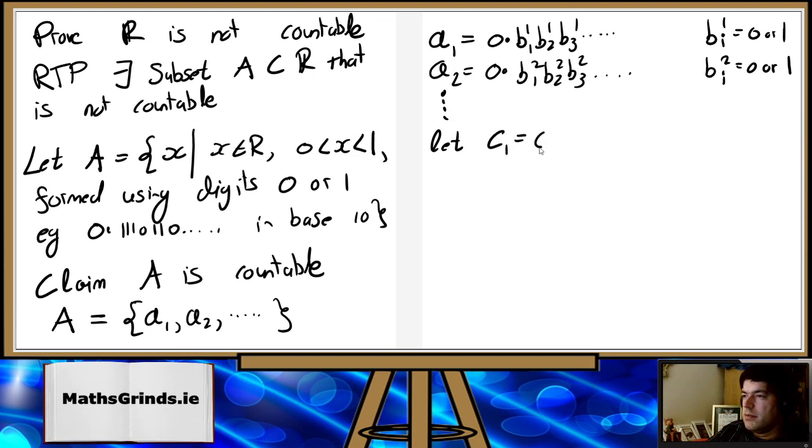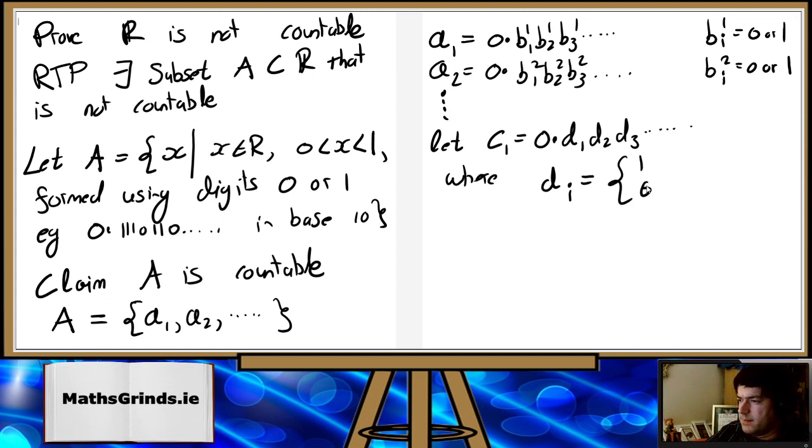Now, let C equal 0 point D1, D2, D3, and so on, where digit i will be defined as follows. If the first digit of A1 is a 1, then we'll use a 0 here.